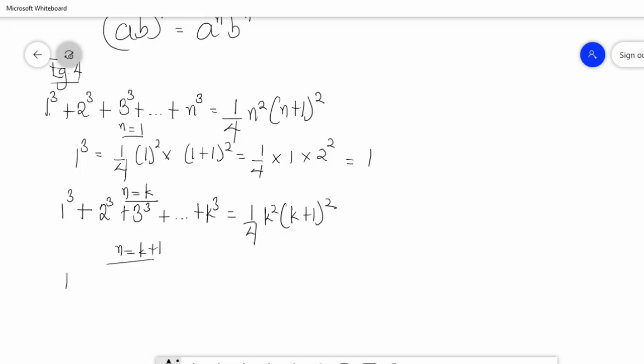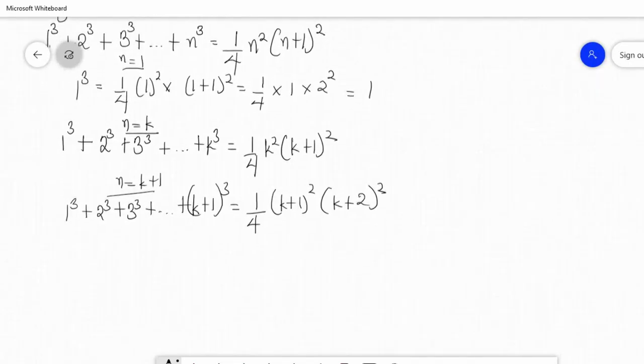So by substitution, we shall have 1 cubed plus 2 cubed plus 3 cubed plus 4 cubed on and on plus k plus 1 all cubed, giving us now 1 on 4 k plus 1 squared, and then we have k plus 1 plus 1, so k plus 2 all squared. Now we can see again that 1 cube plus 2 cube plus 3 cube plus 4 cube on and on till plus k cube is contained in this summation or in this sequence.